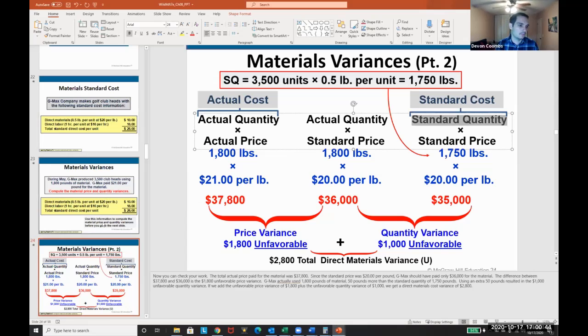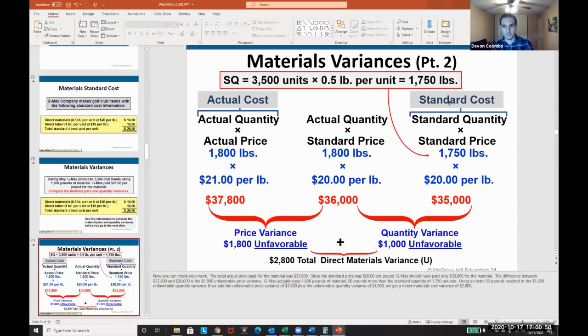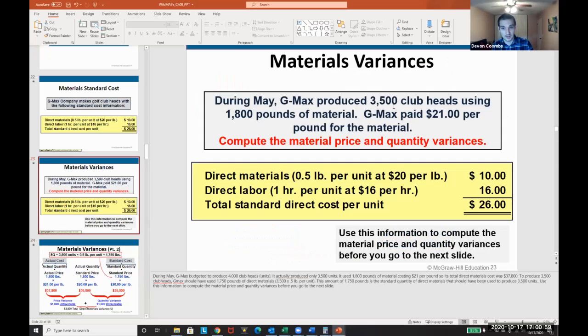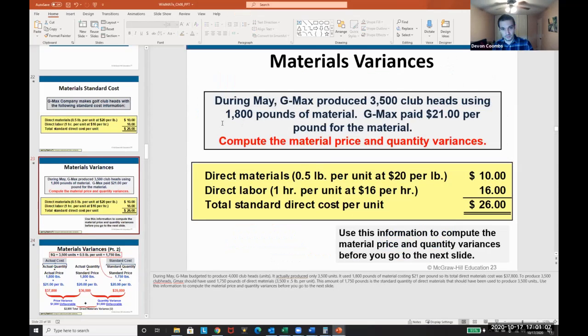What is our standard quantity? Well, we know our standard quantity is 0.5 per unit, right? So our standard quantity here would be 3,500 times 0.5, or the 1,750. Here our 1,800 is our actual used.